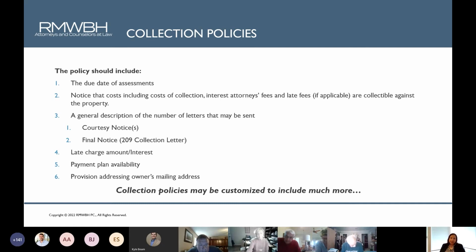So the collection policy is a good place where that obligation can live and something that you can point to when a homeowner's upset that they didn't receive their notices at the right location. The association, although it isn't obligated to check, let's say, the appraisal district to see if the homeowner changed their permanent mailing address. So again, here are some important parts of a collection policy.